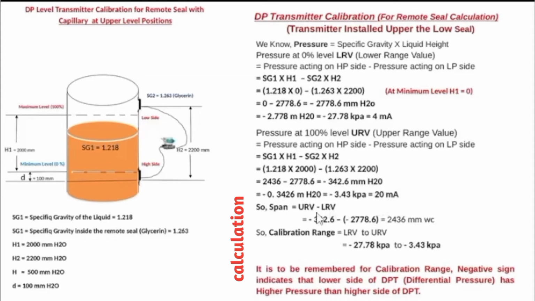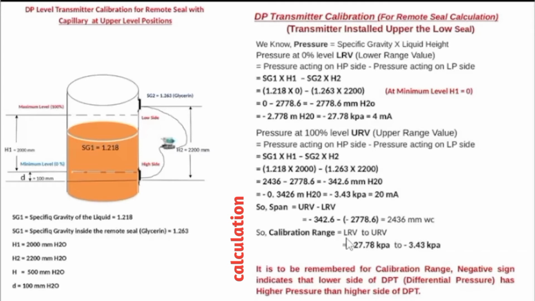So the span will be URV minus LRV. URV means minus 3.43 and LRV minus 27.78. If we calculate, then we will get minus 342.6 minus, here is minus 2778.6, and this minus and this minus will be plus positive, and we will get 2436 millimeter water column.